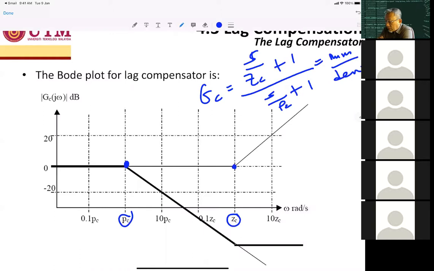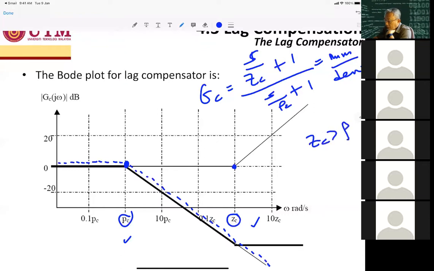Let me draw the Bode diagram. You have Zc and Pc, where Zc is greater than Pc.